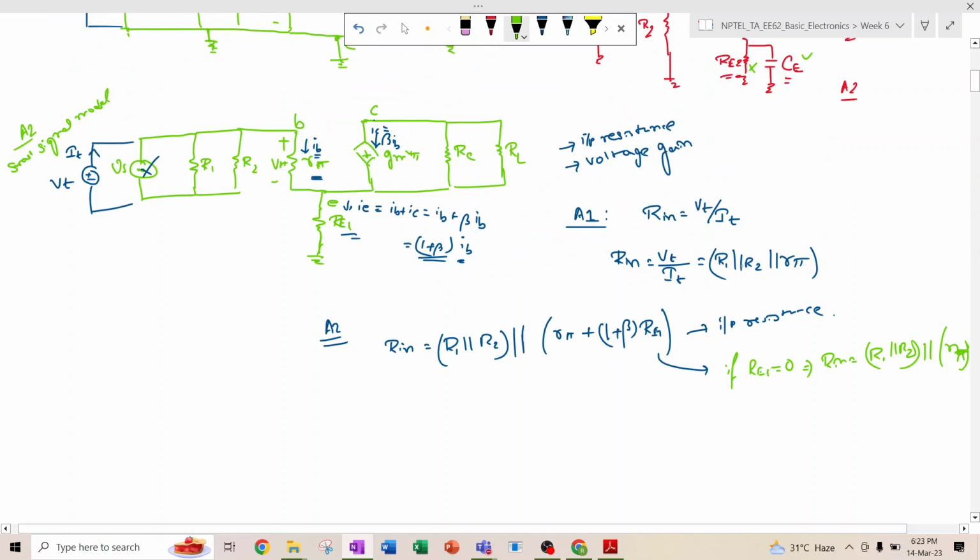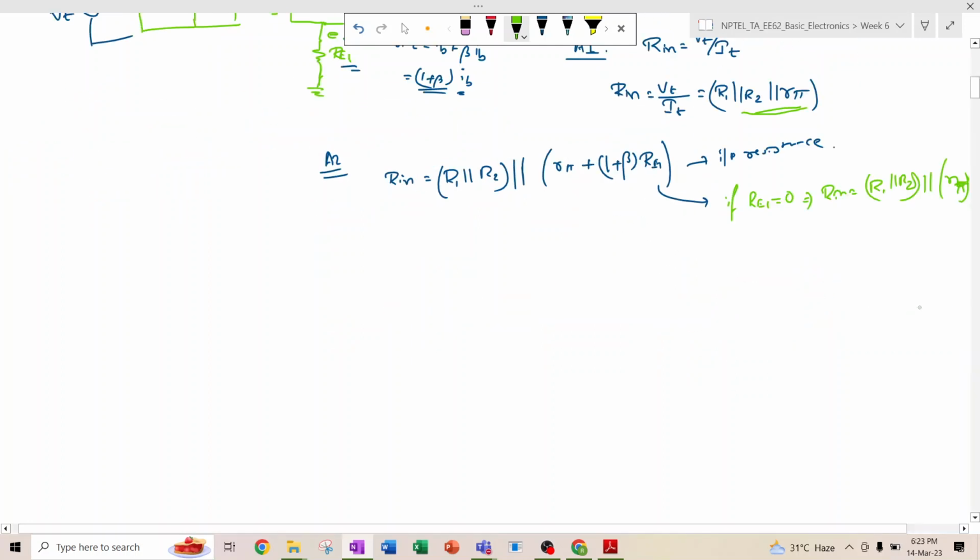So what is the effect of this RE1? Is the input resistance increasing or decreasing? How can we find out?